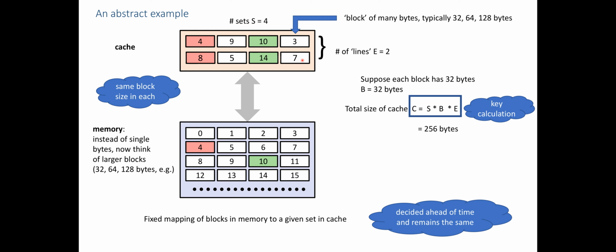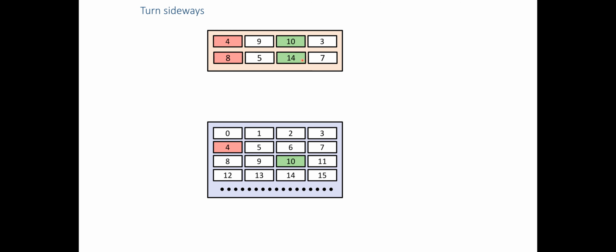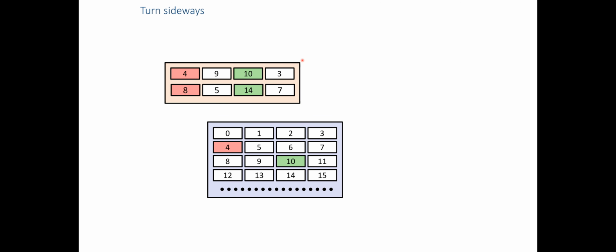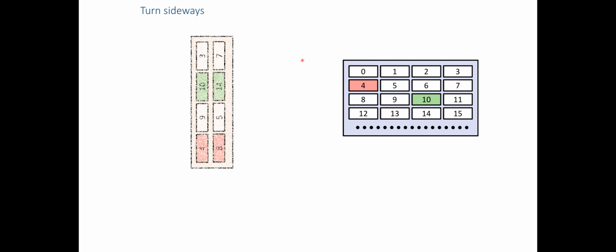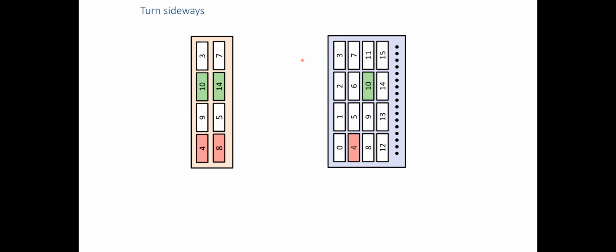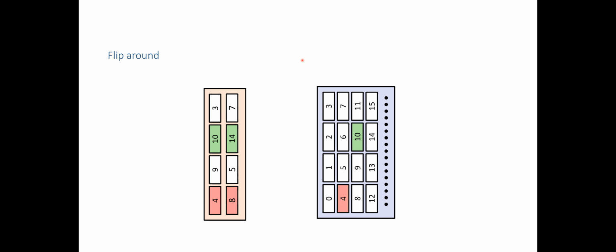Okay, so now what we're going to do is take this picture, but twist it around a bit. The first thing I'm going to do is turn it sideways like this, so that we have our memory on the right now and our number of sets on the left in our cache. Then I'm going to flip things around.